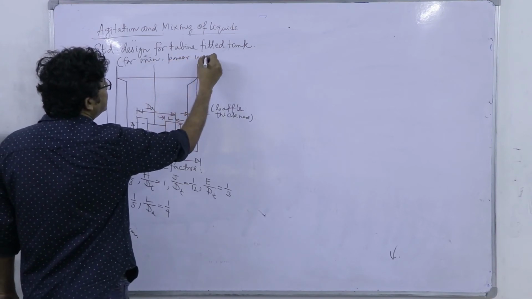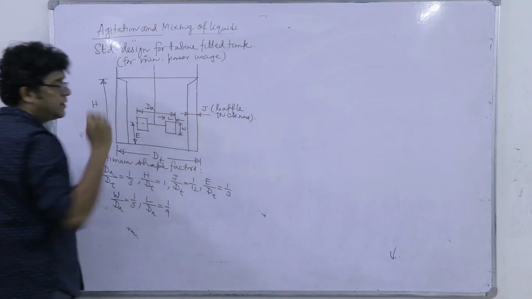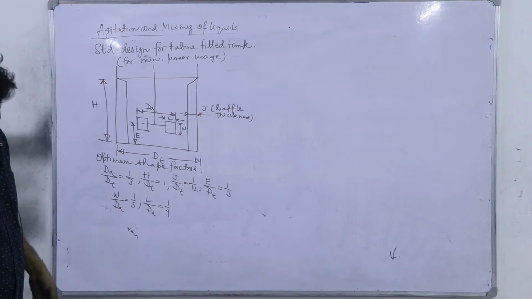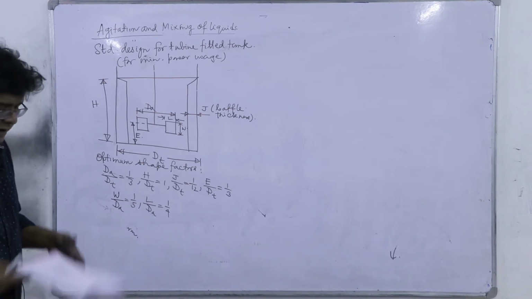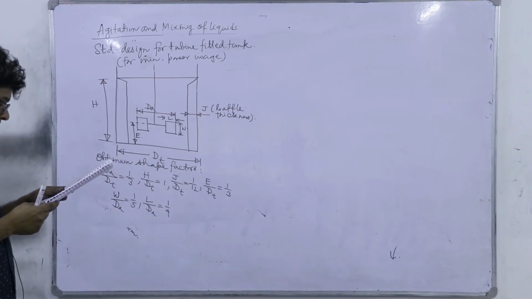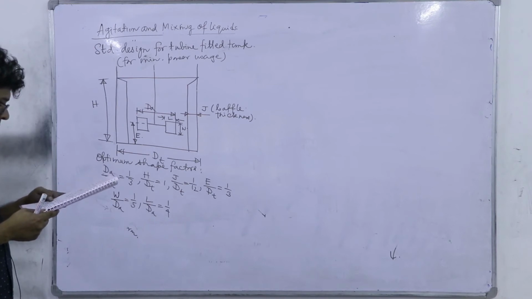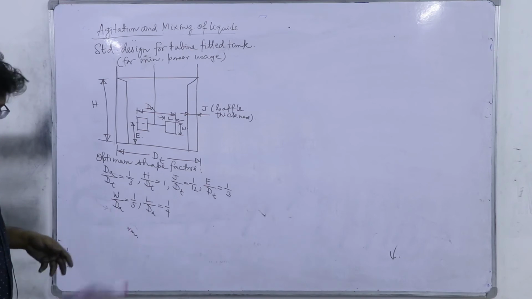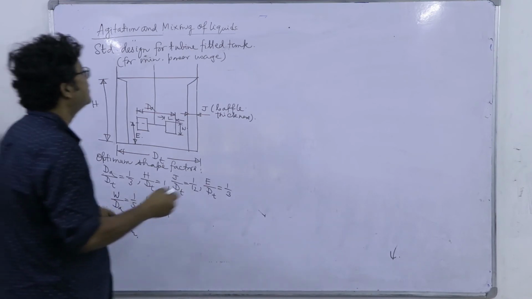So, power itself is pretty important, right. So, this is an outcome, how we are getting this, where from we are getting this. So, here this power consumption in an agitator tank, that is the most important issue we have to discuss.